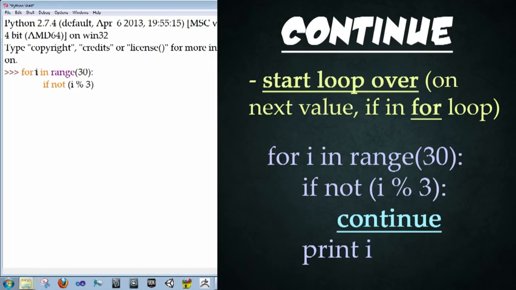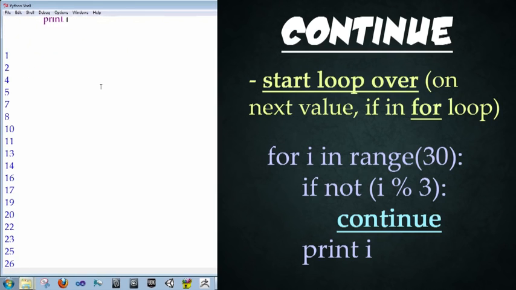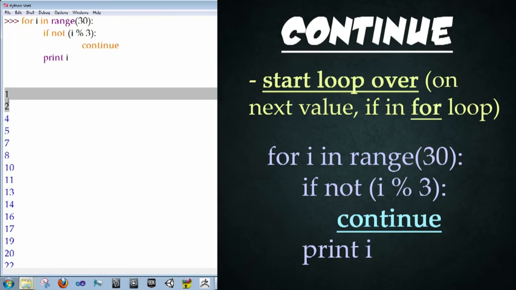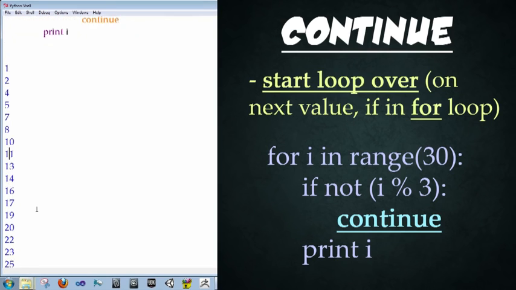And so what this says is for every value in the range 30, if the number has some remainder when divided by 3, and we're including the not, so that we're just getting multiples of 3, then we're going to skip over them. And so we're going to type in continue, and then type print I, enter, enter. And so now we print only non-multiples of 3. So 1, 2, 4, 5, 7, 8, 10, 11, and so on. Perfect.